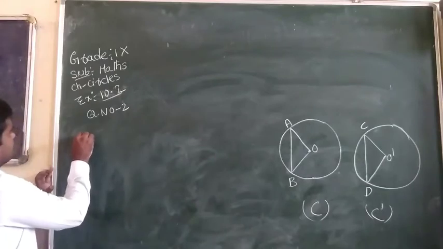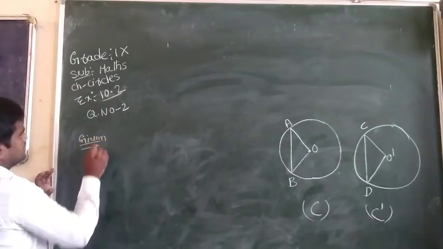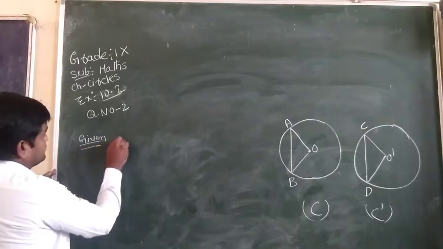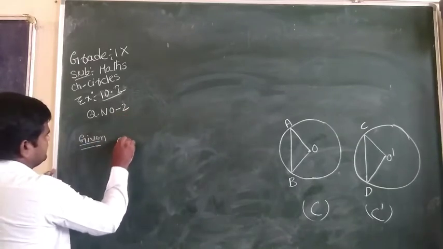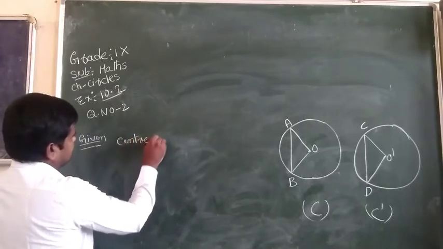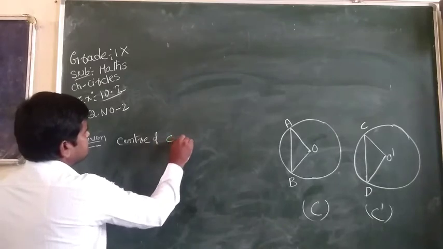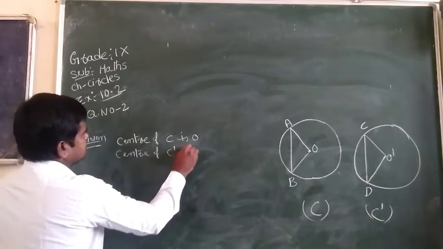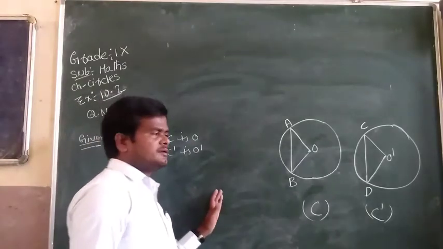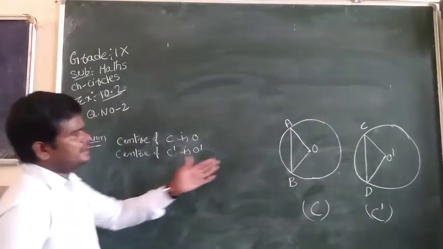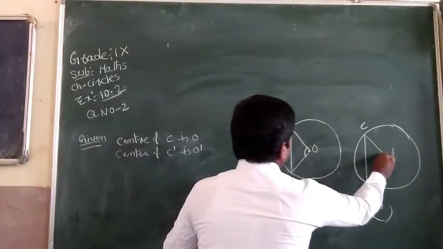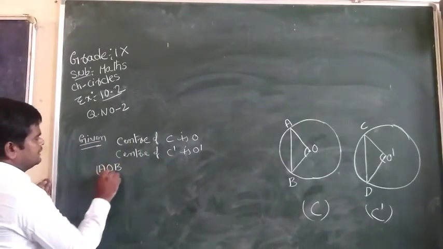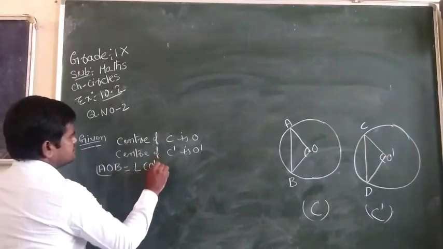So given: C and C dash, the centers of C is O and of C dash is O dash, and also given the subtended angles are equal, angle AOB equal to angle CO dash D. This is the given.